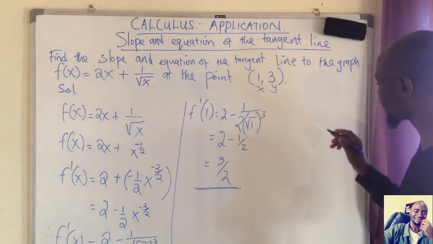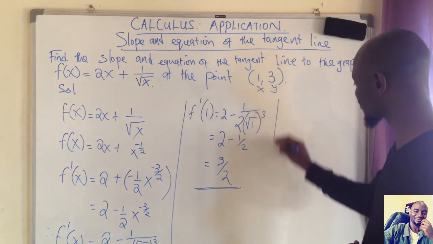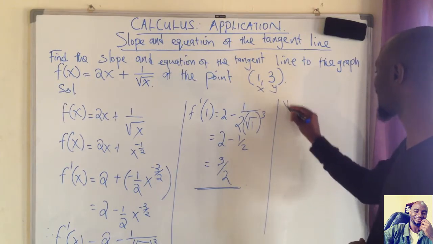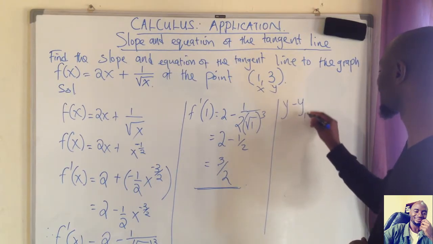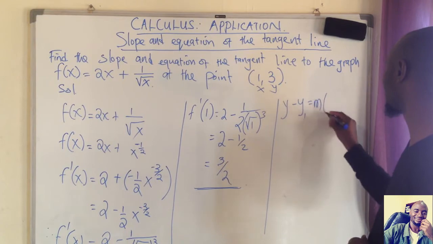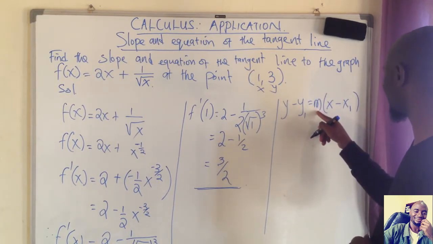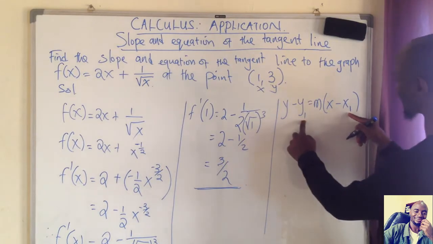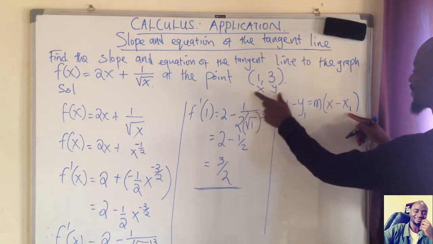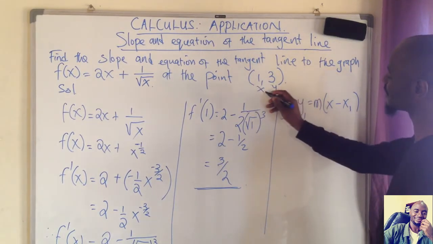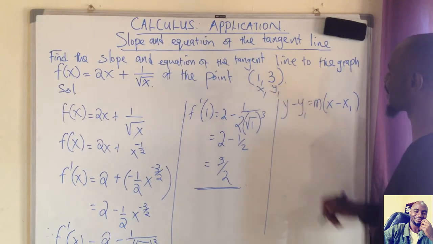So using the one-point gradient form, we can say y minus y1 is equal to m times x minus x1, where m is the gradient and these are the ordinates from the coordinates that we are given. So the point that we are given, you can name this x1 and y1.